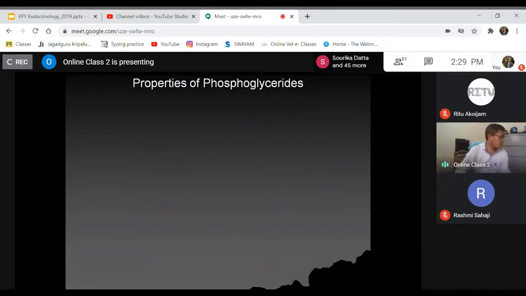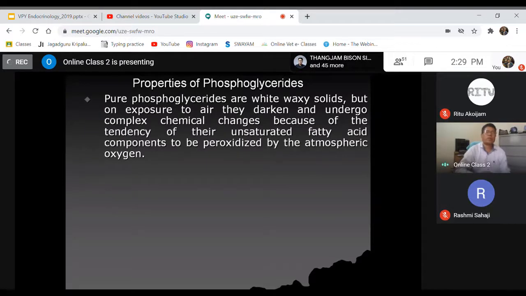So let's see the properties of the phosphoglycerides. The first is that the pure phosphoglycerides are quite waxy solids, but on exposure to air, they become dark and undergo complex chemical changes because of the tendency of their unsaturated fatty acid components to be peroxidized by atmospheric oxygen.